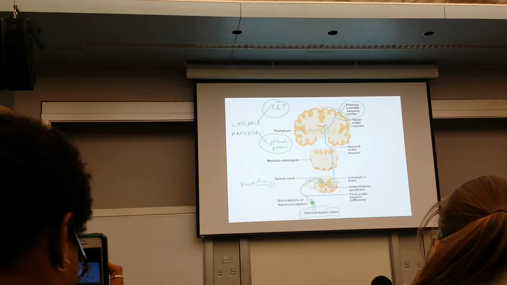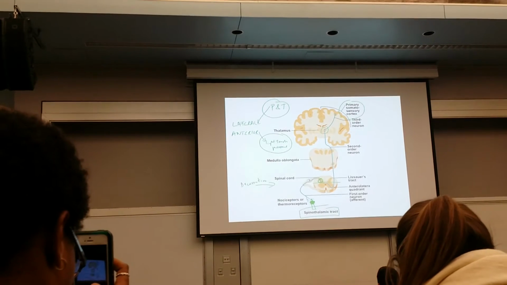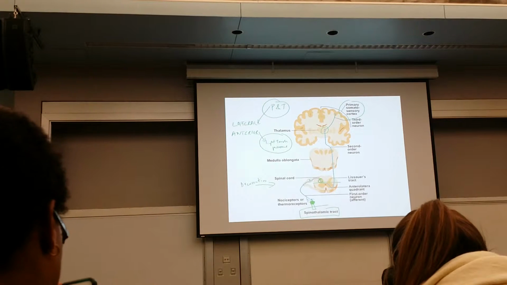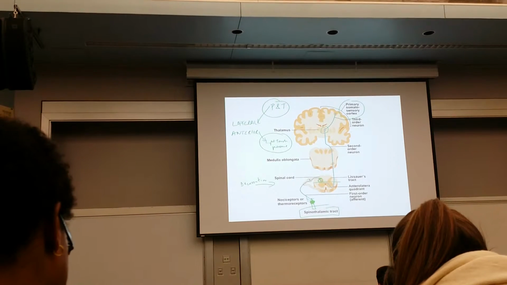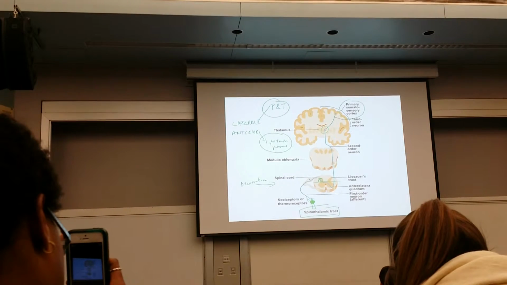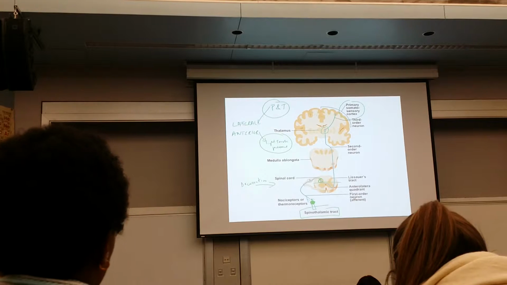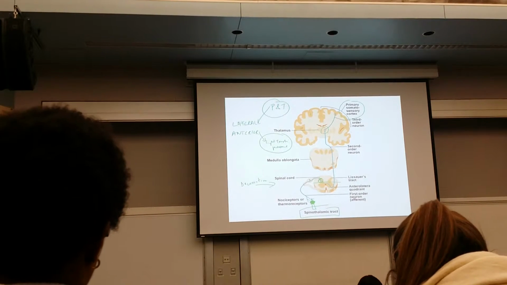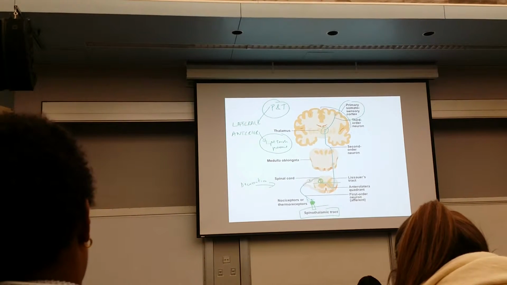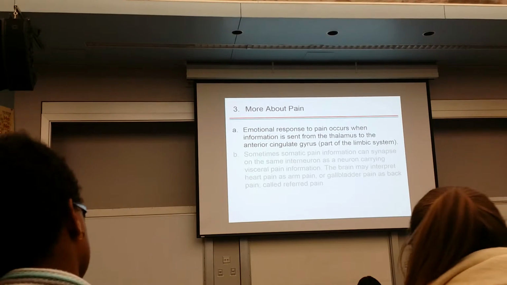Yes? All right, so you have to know those two pathways. I'm not going to talk about the spinocerebellar pathway because it's going to make your life more confusing, but I'm just going to mention that the spinocerebellar tract is the other ascending tract, and the information that it carries is unconscious proprioception.